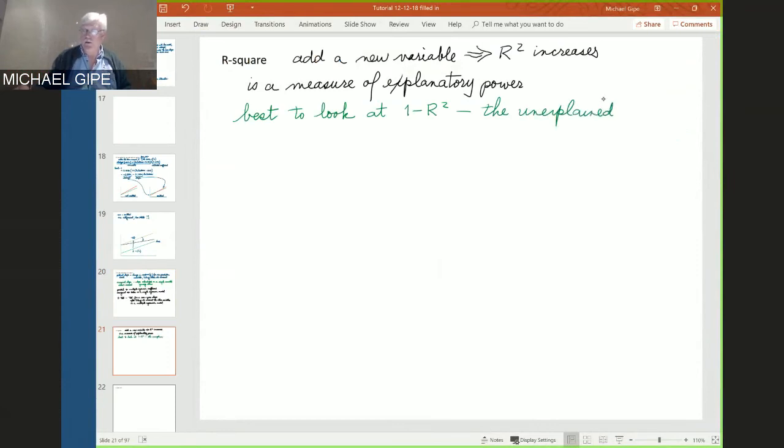And I'll explain what I mean in a minute here. So let's say R squared is equal to 0.98. We add a variable, and now our R squared is 0.99.